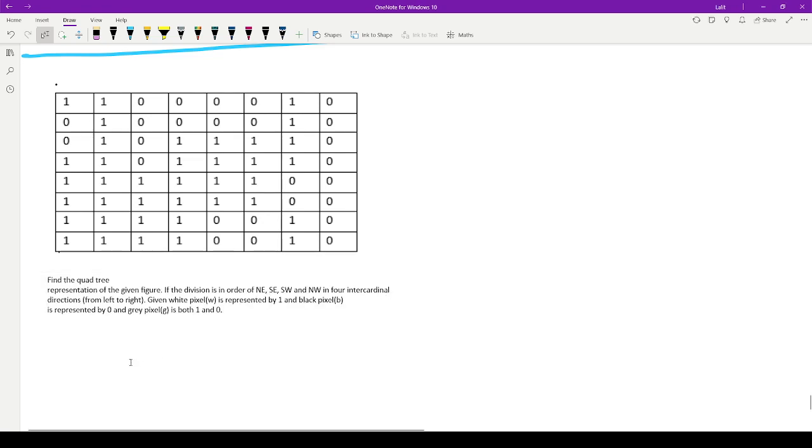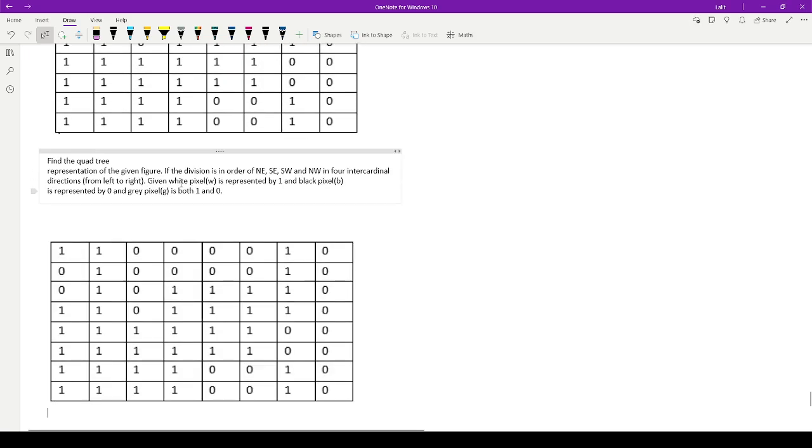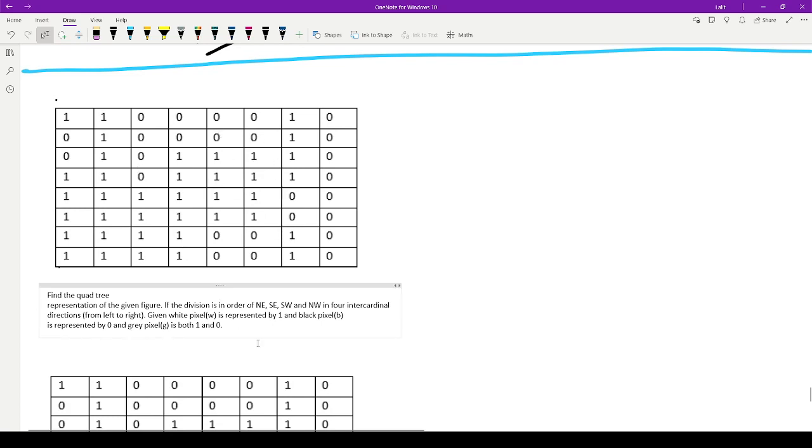So this is the question. Find the quad tree representation for the given figure.